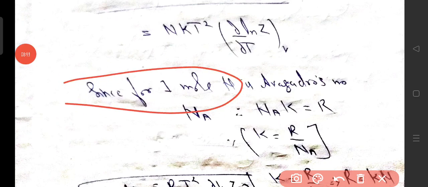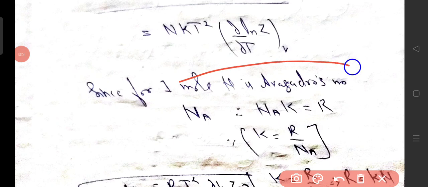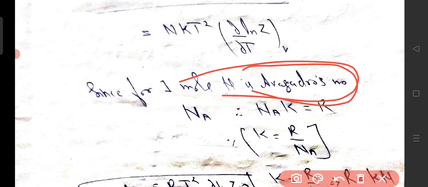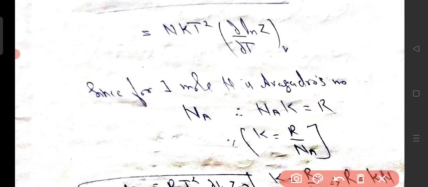For 1 mole of gas, the total number of particles is equal to Avogadro's number. The Avogadro number definition says that 1 mole of any substance contains 6.02 x 10^23 particles, known as Avogadro's number.